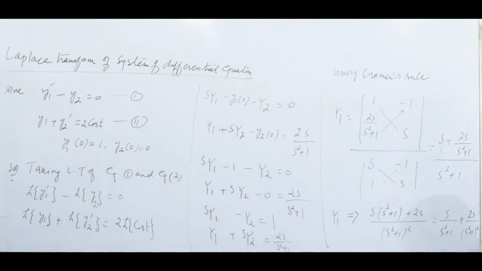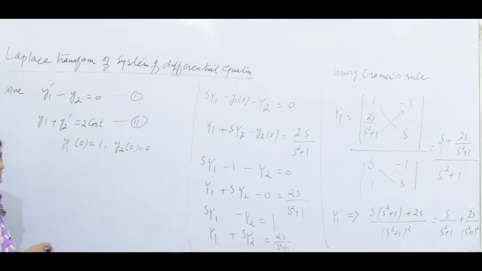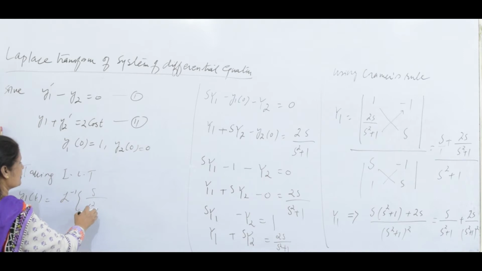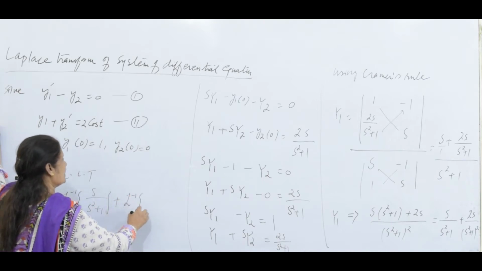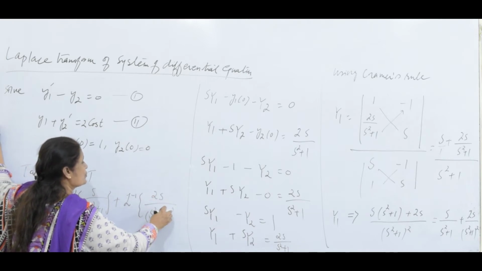Now taking the inverse Laplace transform, y1 is equal to the inverse Laplace of s over s square plus 1 plus the inverse Laplace of 2s over s square plus 1 whole square.